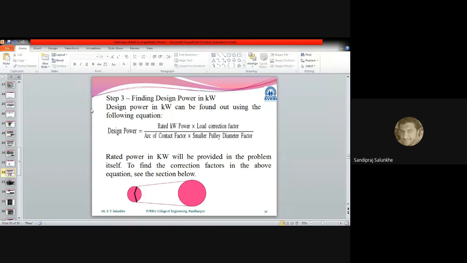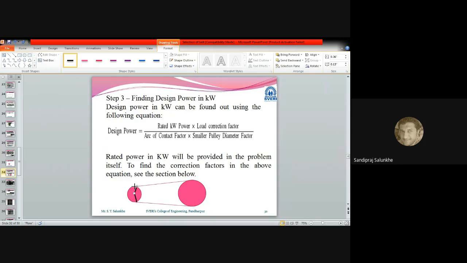Whereas for the bigger pulley, it will be higher; for the smaller pulley it will be smaller.